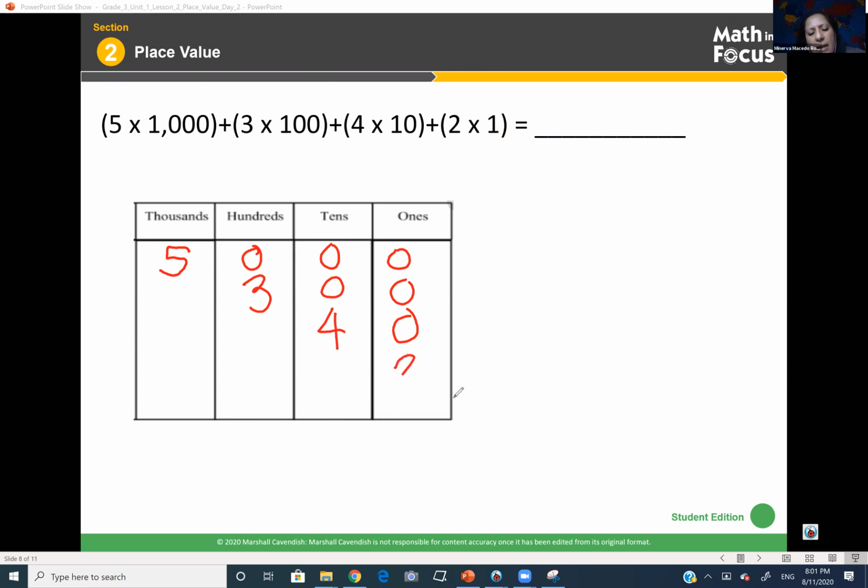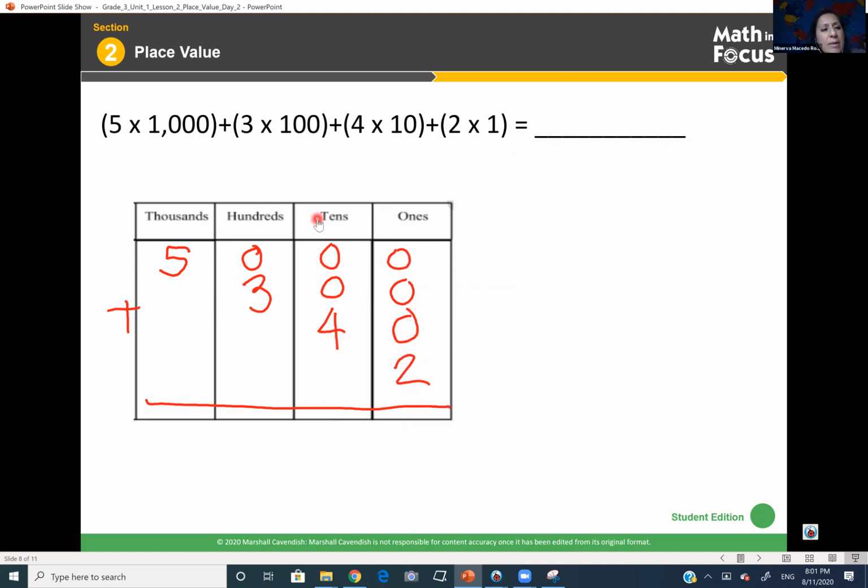Here it is. So now that I put my number, I'm going to do the same we have been doing all the time. I'm going to add my numbers to get my result. So 5,000, because here says 5,000, right? 5,340 and 2, I'm sorry, it's 2 ones.